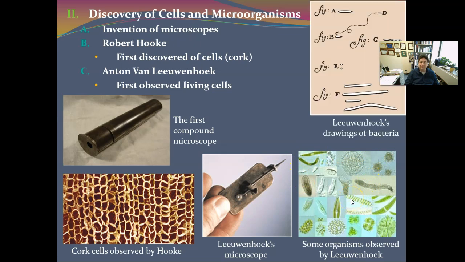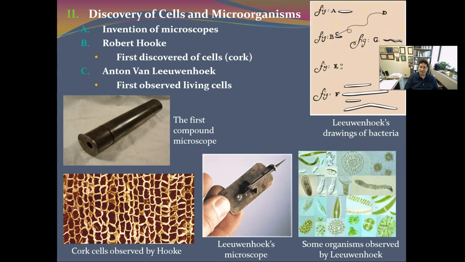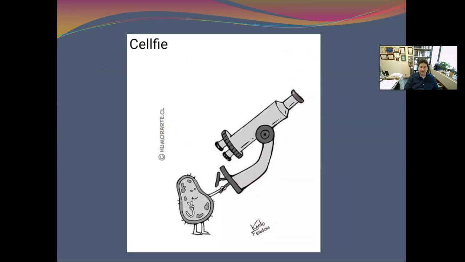However, interestingly, he also saw bacteria. This is Leeuwenhoek's drawings of the different shapes of bacteria we can see here. That's pretty impressive because that means his microscope had to magnify about 1,000 times to see bacteria like that. Of course, now a cell phone can just take a selfie, right? So say he's taking a selfie, but he needs a microscope.